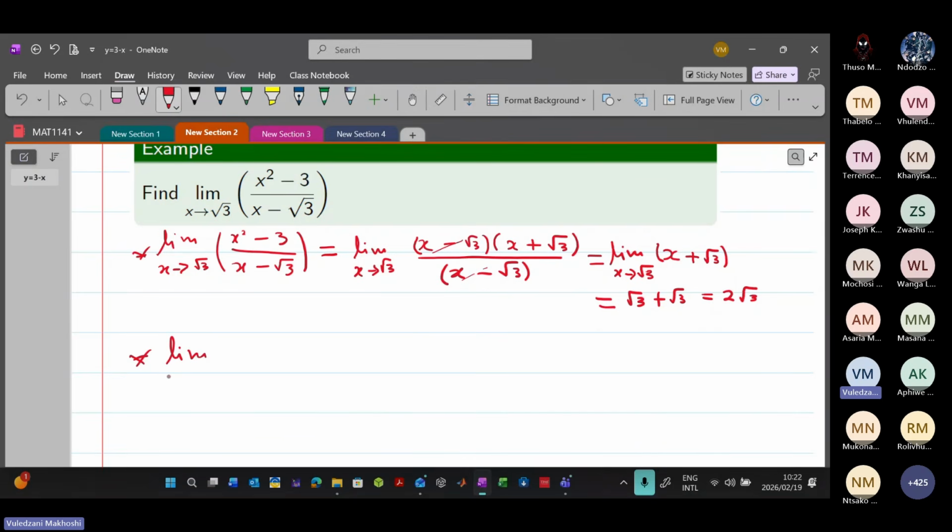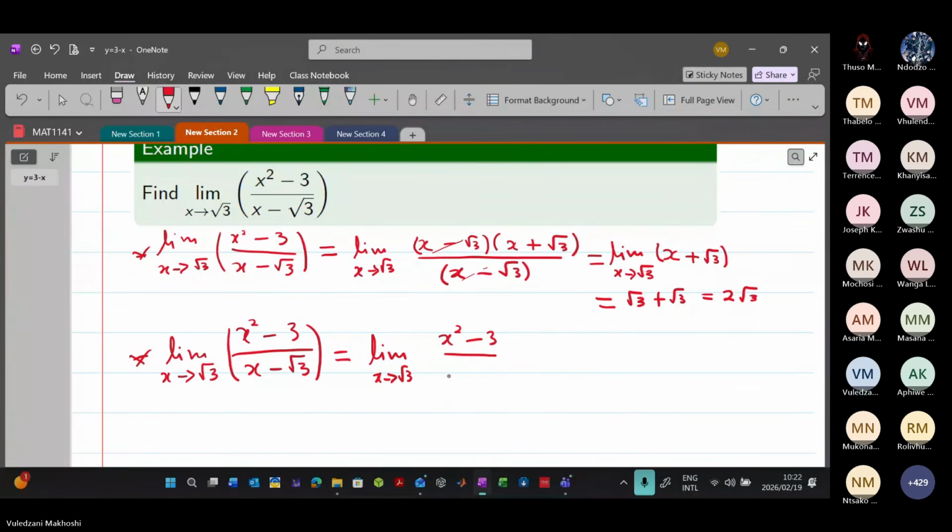The limit as x approaches square root of 3 of x squared minus 3 over x minus square root of 3.